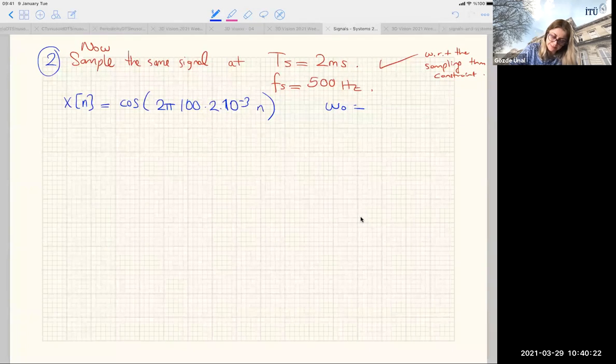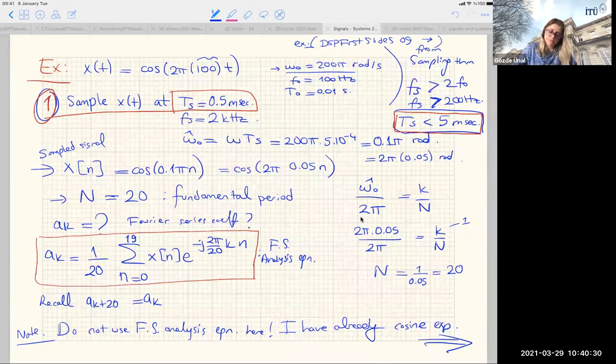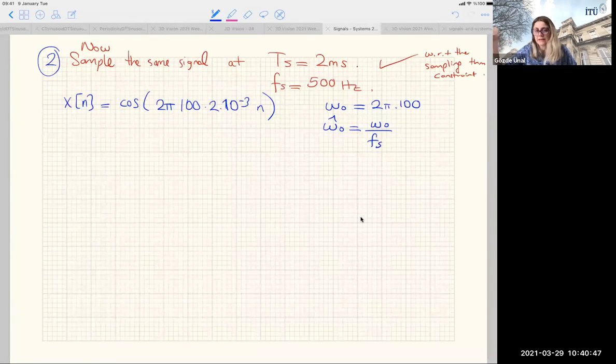Omega 0 was 2 pi times 100. This was the original signal, right? So 2 pi 100, which is 200 pi. I brought it here. Now I need to find my normalized frequency. This is really omega 0 over Fs, or omega 0 times Ts. Maybe it's easier to remember it this way. It's up to you guys.